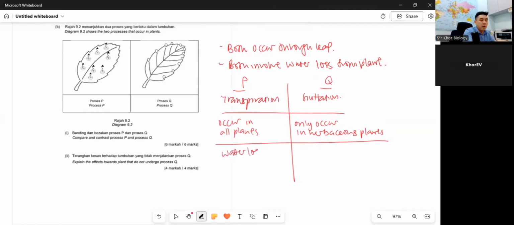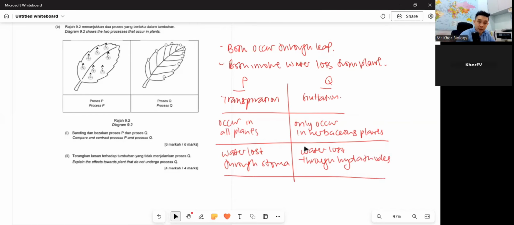For P, water is lost through stomata, while for Q, water is lost through hydathodes. It's actually a pore at the end, guys. It's called hydathodes.